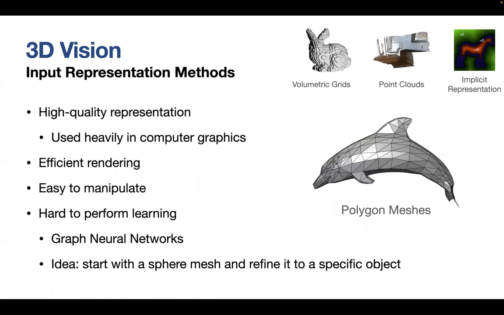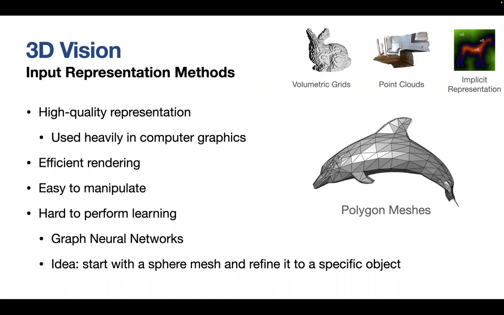And then we go to Polygon Meshes. So Polygon Meshes, as we see in this dolphin, are extremely popular in computer graphics. This gives us a very high quality representation. It's also very efficient to render polygon meshes compared to the other ones, and it's very easy to manipulate.